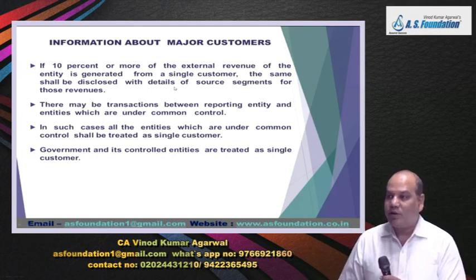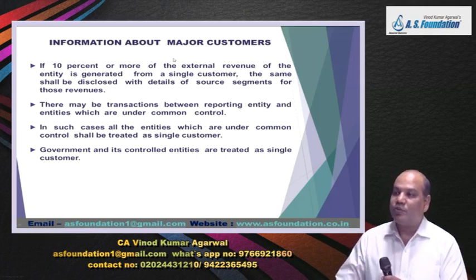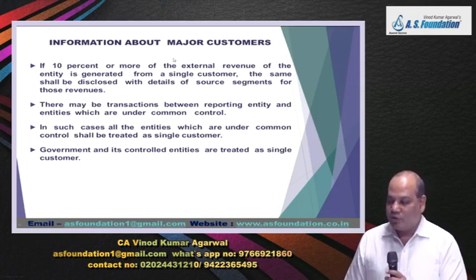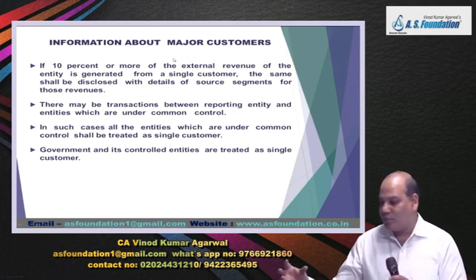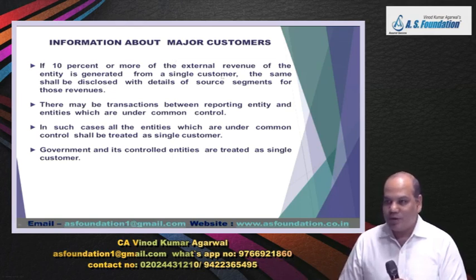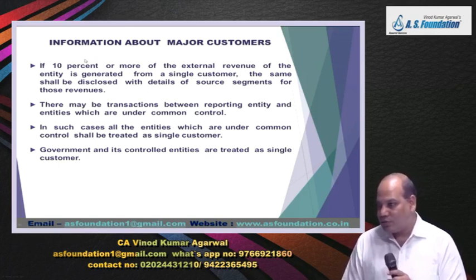Like if you have a customer in America, and 70-80% of your revenue comes from that customer in USA, US government brings a law, no outsourcing of your work to India. See what will happen to this company. This company might become a non-going concern. So therefore, we are actually passing on this information to our stakeholders.